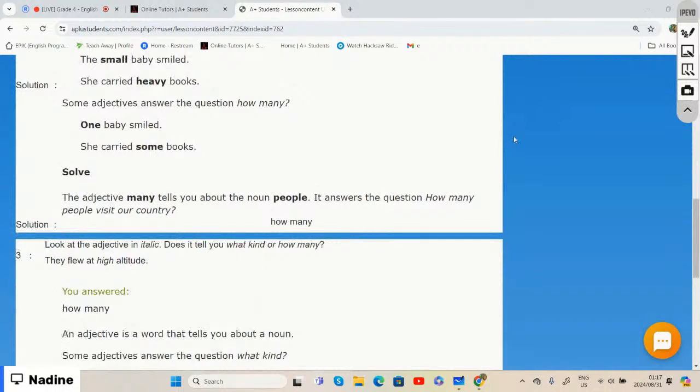And in the last one, we say, they flew at high altitude. So we now need to say, does the sentence tell us what kind or how many?